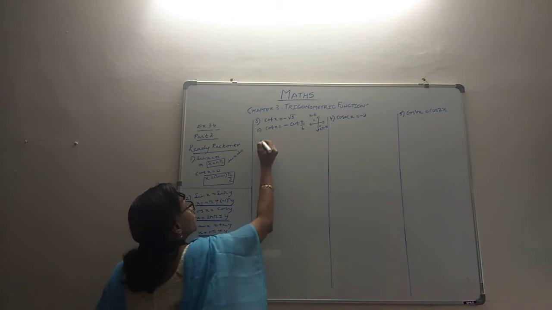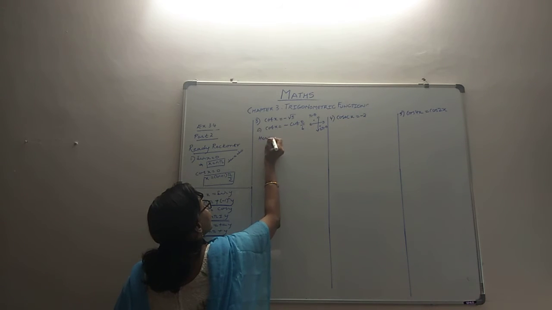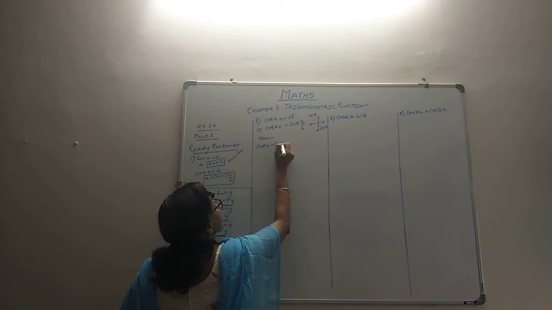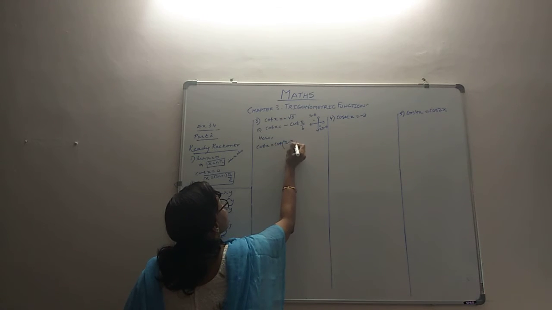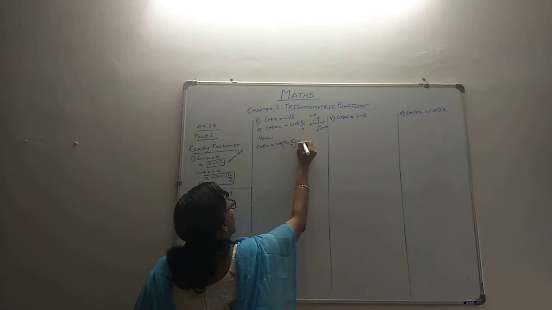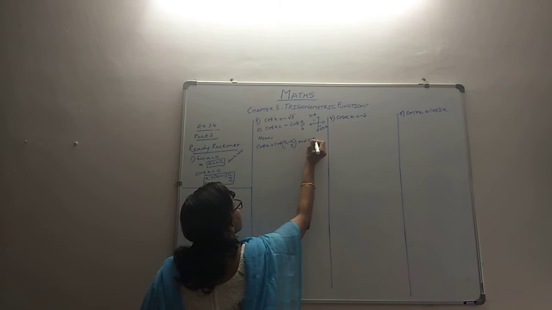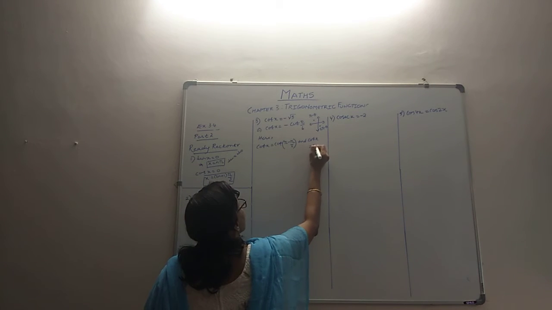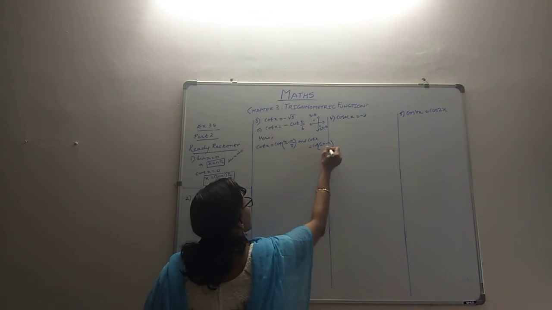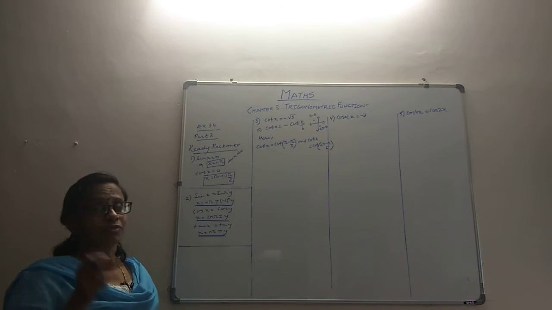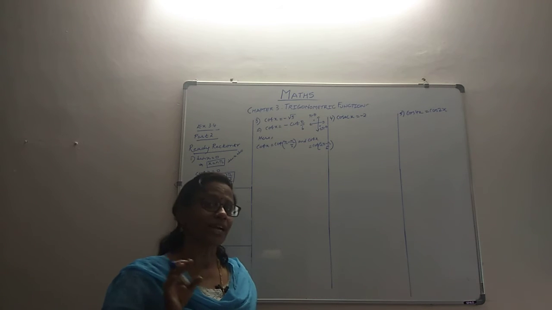So cot x equals cot of pi minus pi by 6, and cot x equals cot of 2 pi minus pi by 6. Why? Because these angles will give you the cot value as minus root 3.